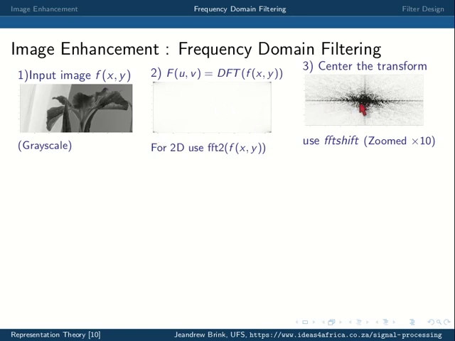Then we have a transform that is centered in the center of our image. To see it, I've done the FFT shift and then zoomed it up 10 times. So this is what we get: our full representation of our image in frequency space.